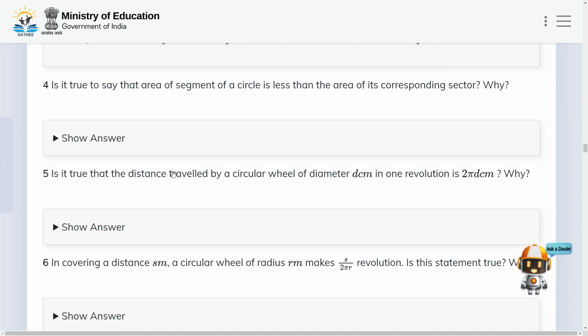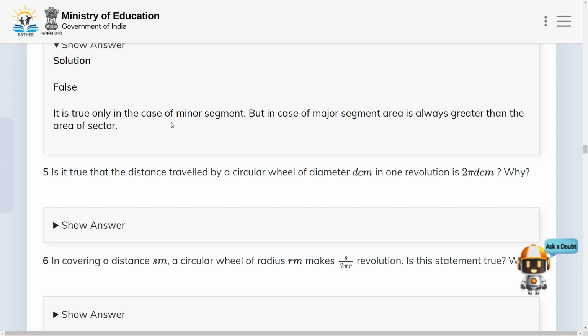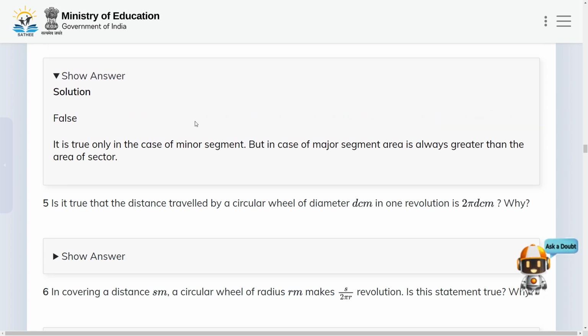In the next one here we have, is it true to say that the area of a segment of a circle is less than the area of the corresponding sector? If it is true, then why? So let us see how to solve it. It is true only in the case of a minor segment. But in the case of a major segment, the area is always greater than the area of the sector.